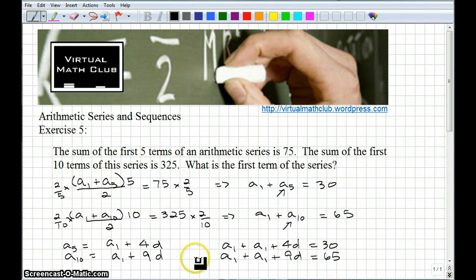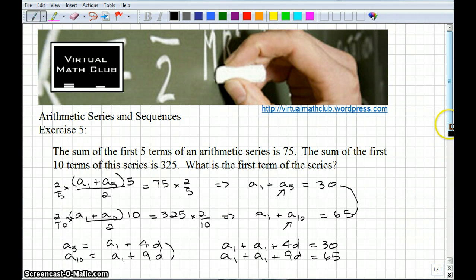So I basically combined these equations and rewrote them this way. Now I have two equations and two unknowns, so I can solve it.